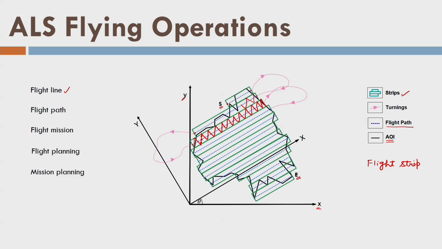I hope you have understood the mechanism of airborne laser flying operation as well as airborne lidar data acquisition. Before we go into any derivation, we should know this. What about the spacing between the flight lines? This is nothing but the effective swath that we showed in the last slide.